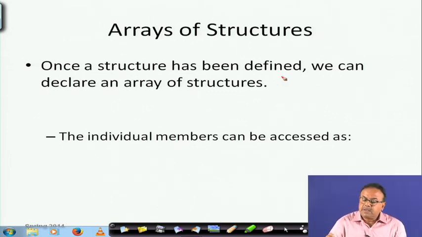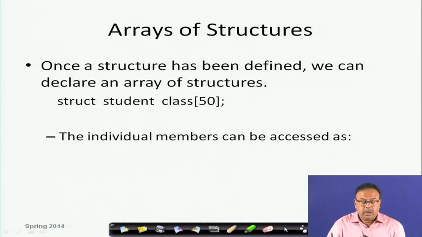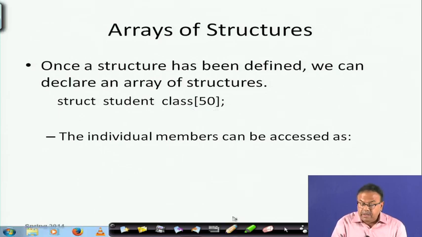Let us go here. Once a structure has been defined, like the structure book that was defined, we can declare an array of structures. For example, struct student class[50]. So, note here that class is an array having 50 elements. It is something like this.